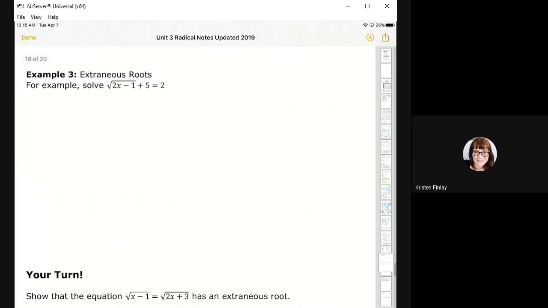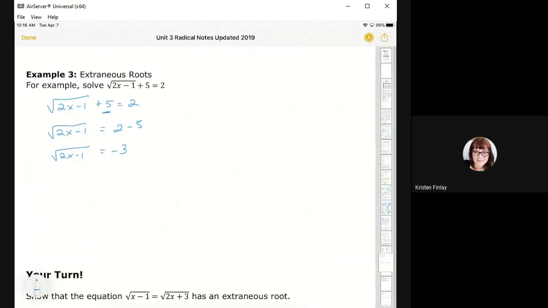Extraneous roots. So we're going to solve this one here. So the first thing we're going to do, square root of 2x minus 1 plus 5 equals 2. So we're going to move this 5 over to the other side by subtracting. So root 2x minus 1 is equal to 2 minus 5. So we get root 2x minus 1 equals -3.